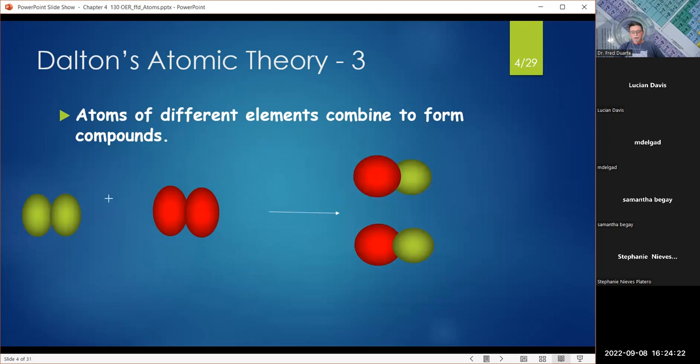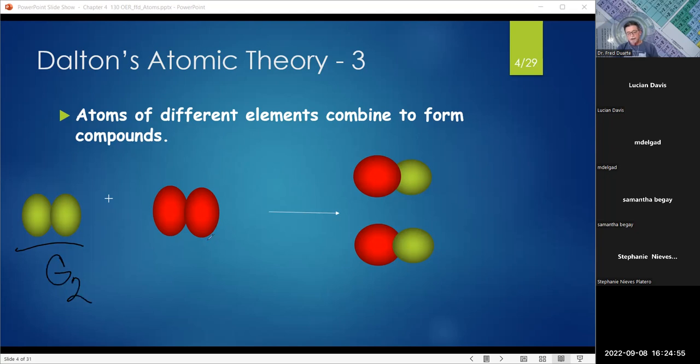This part is quite correct, in that atoms of different elements combine to form compounds, and that is the definition of a compound. So what we have here, I'm sure you hopefully recognize, is a model of two diatomic elements, which could be anything. I'm just going to label those green, okay?